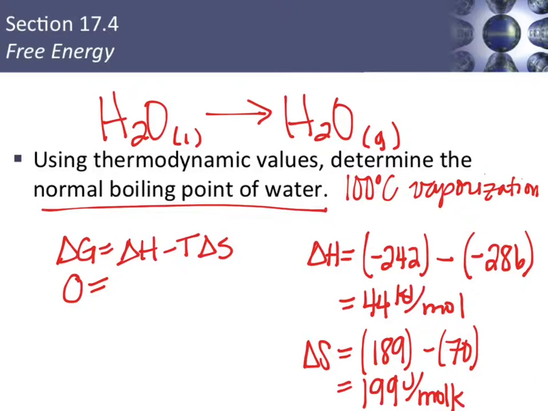So let's plug those numbers in. You have 44 minus T, what we're looking for, times 0.119 for our delta S. And T ends up being, it was 119 joules, and I turned it to kilojoules.